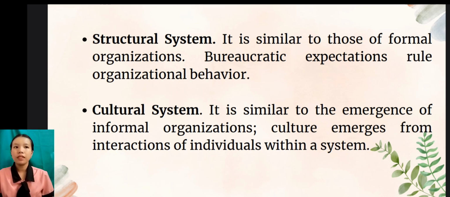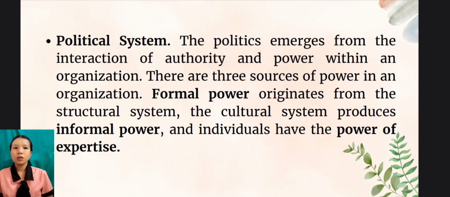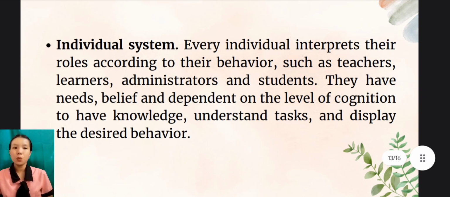The different ways of the different cultures are embodied in the system of a specific school. So each teacher or learner will be sharing a part of themselves to improve the performance of the school as a whole. Next is the political system. The power relation. We follow policies and guidelines in order to have a good flow and an organized institution. The last system is the individual system. The individual system is the cognition, because students learn something to gain knowledge, skills, and values.